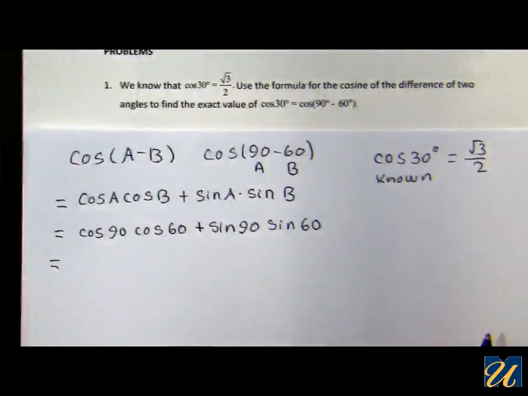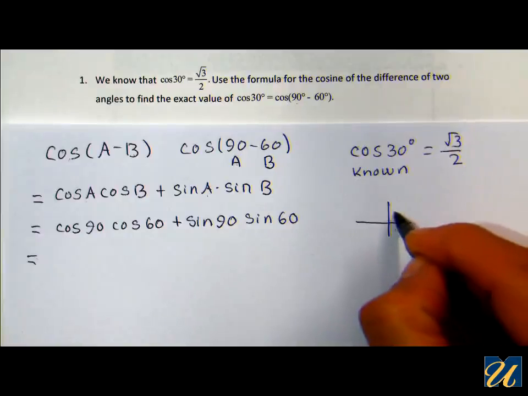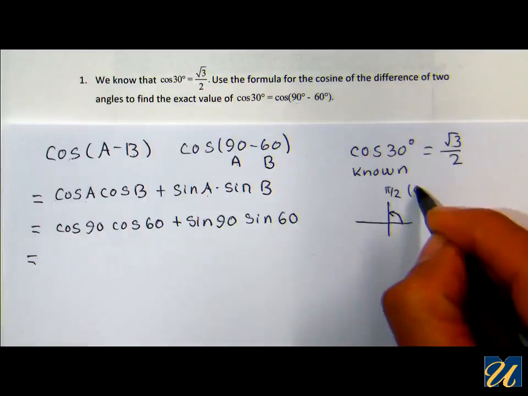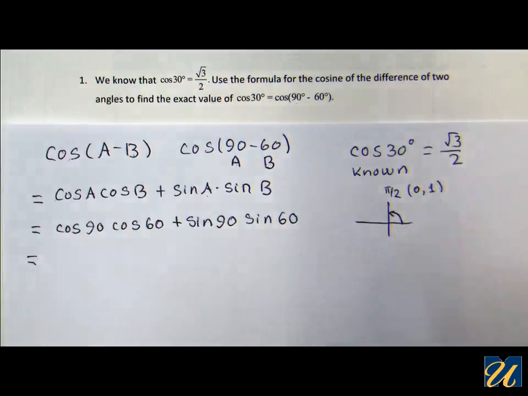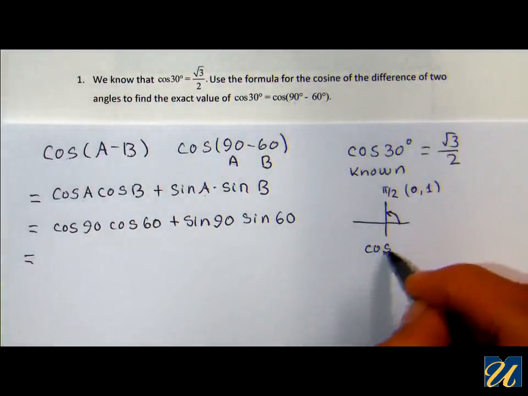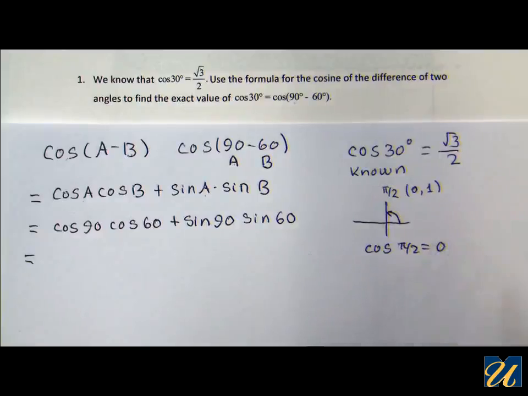So the cosine of 90 degrees, okay, 90 degrees is right there. That's at pi over 2. That's at coordinate 0, 1. The cosine is the x-coordinate. So the cosine at 90 degrees, or pi over 2, is the x-coordinate, or 0.